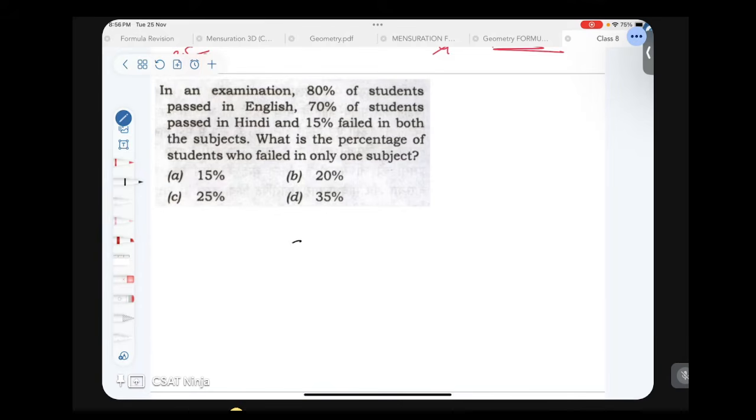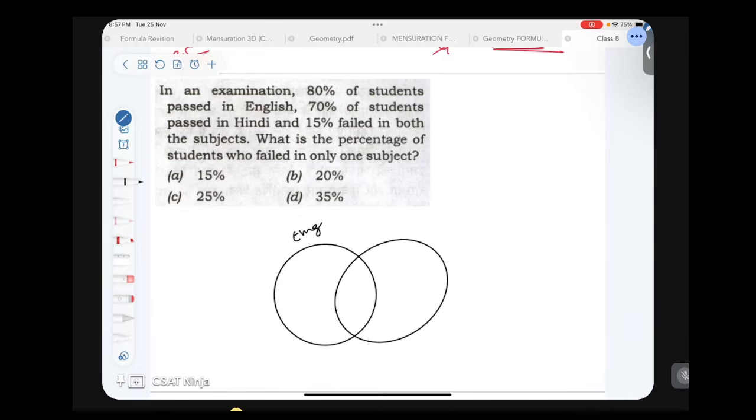What I'll do is I'll create two things here. Let me assume the first group of students is English, and there's another group of students, Hindi.